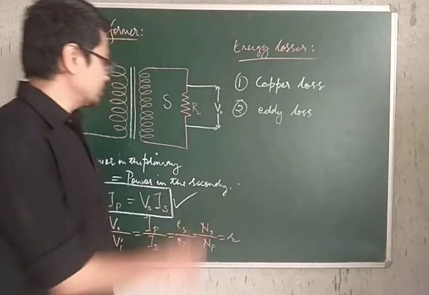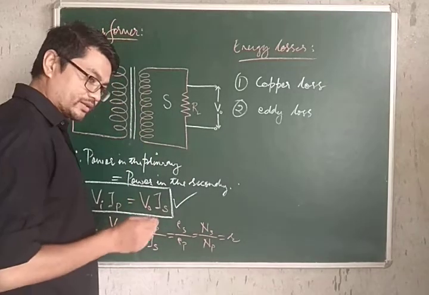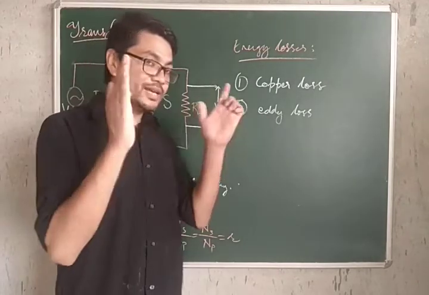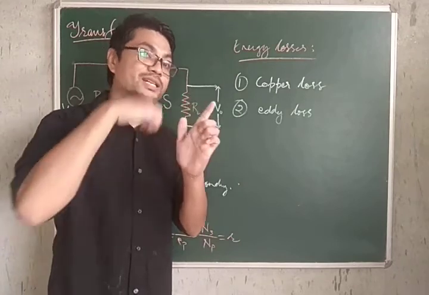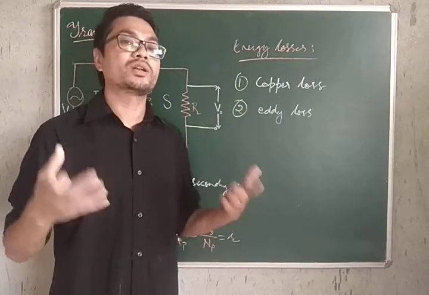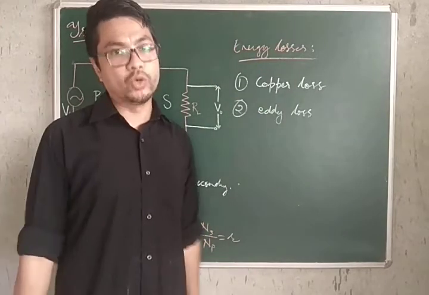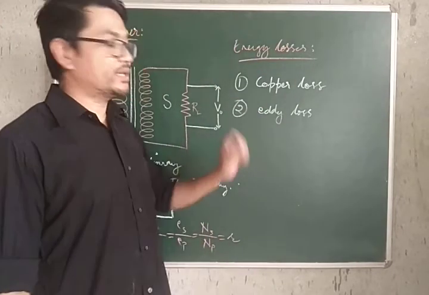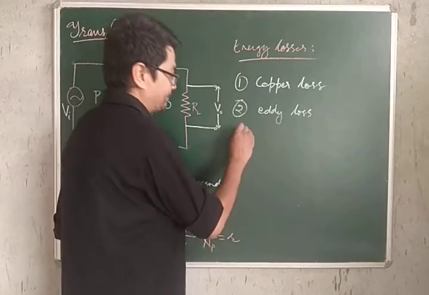So since they are insulated from each other, eddy current is of course generated, but the value of eddy current generated is not of a higher order. That is how eddy current losses can be minimized.